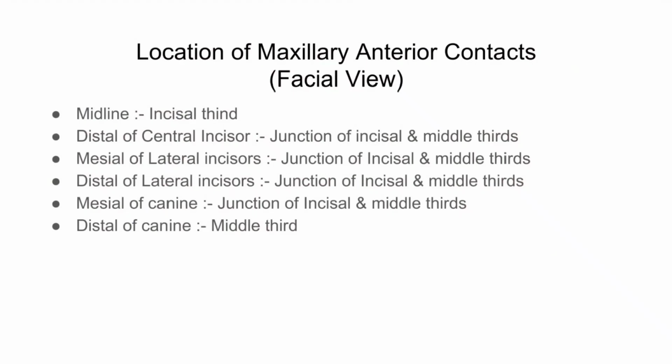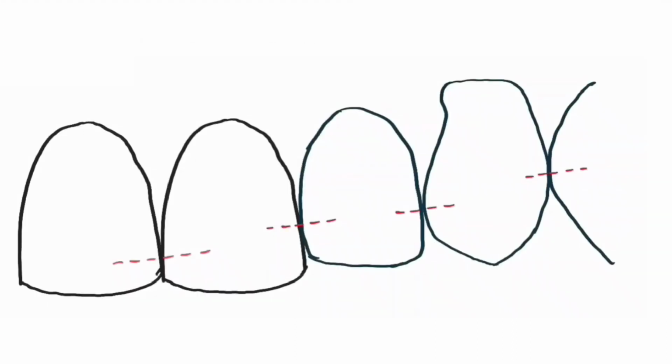We will start with maxillary anterior teeth, the facial aspect. This is the maxillary central incisor. This is also a maxillary central incisor. This one is the lateral incisor, then canine, and first premolar.